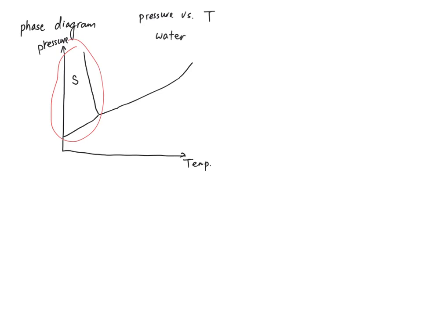You want the solid form of water, which is ice. What do you want? You want low temperature, cold, to make things freeze, and then you want high pressure, because lower pressure gives your water a better chance to escape into liquid and gas. So this part is solid. This middle part here is liquid. And this high temperature, low pressure part, of course, is your gas.